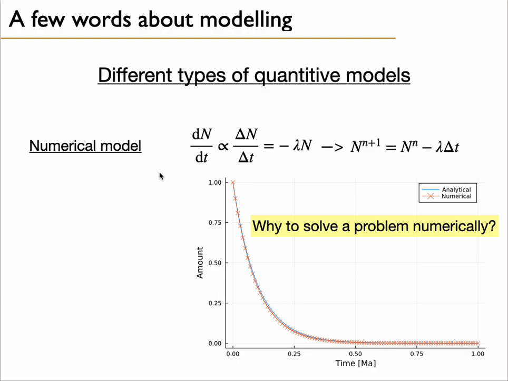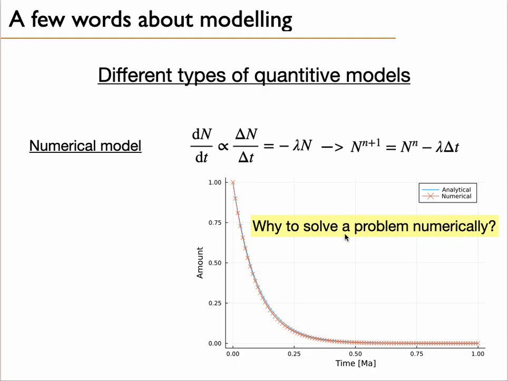So we have an equation that involves dn dt, and we approximate it, for example, with finite differences: a change of n divided by a change of time. With this, we can construct another solution, and it is an approximate solution. We come back to this.